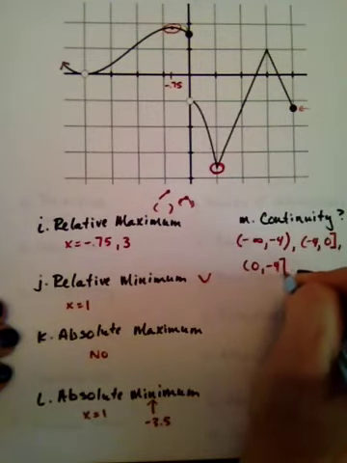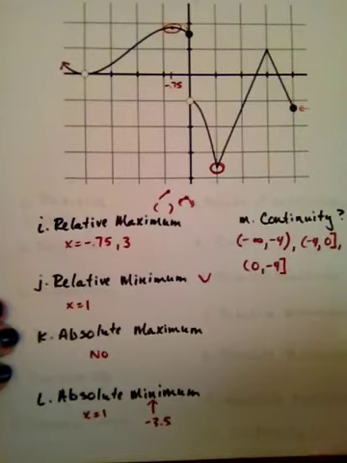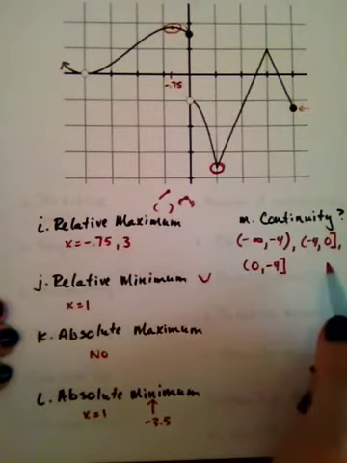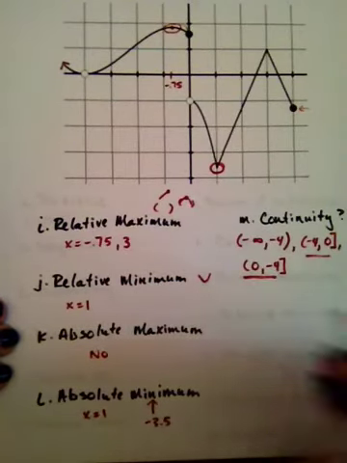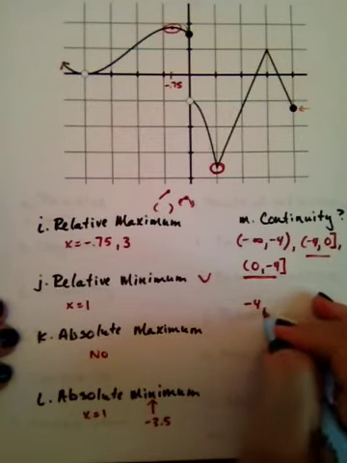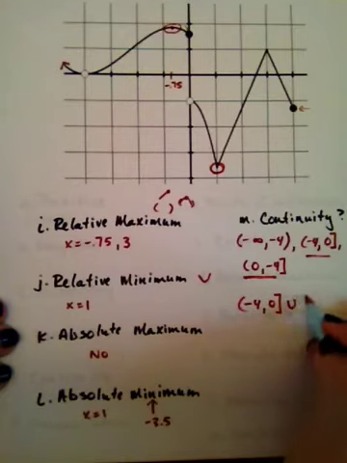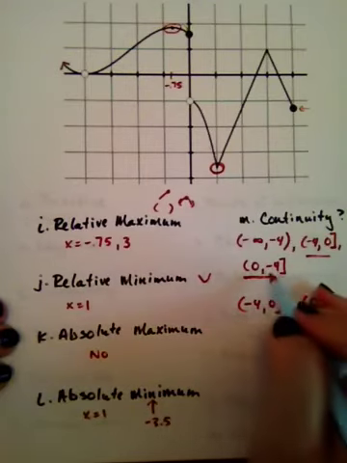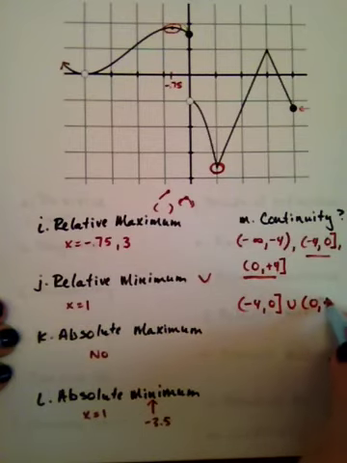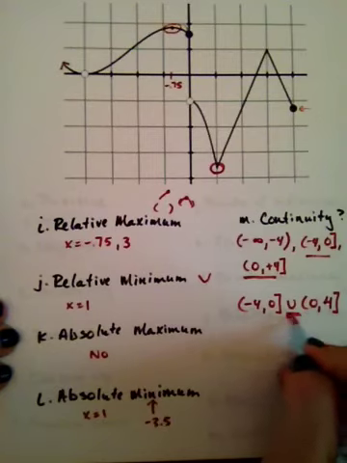Now if I had used union symbols, let's just take these two intervals for example. If I'd said negative 4 to 0, union with 0 to 4, like this, the union symbol joins these two.